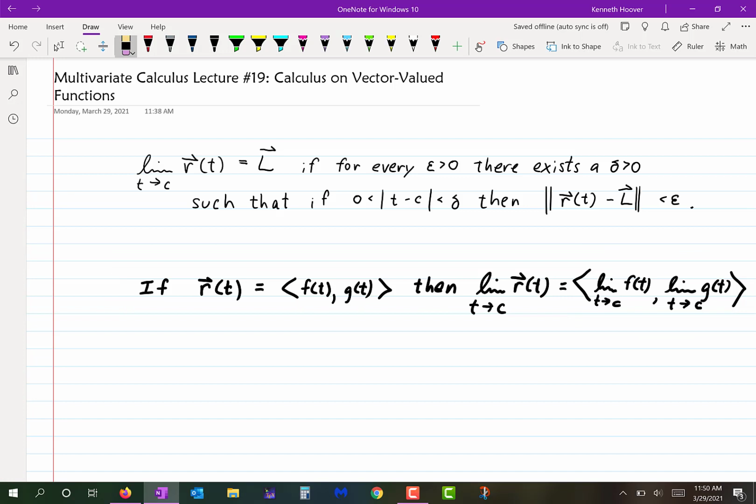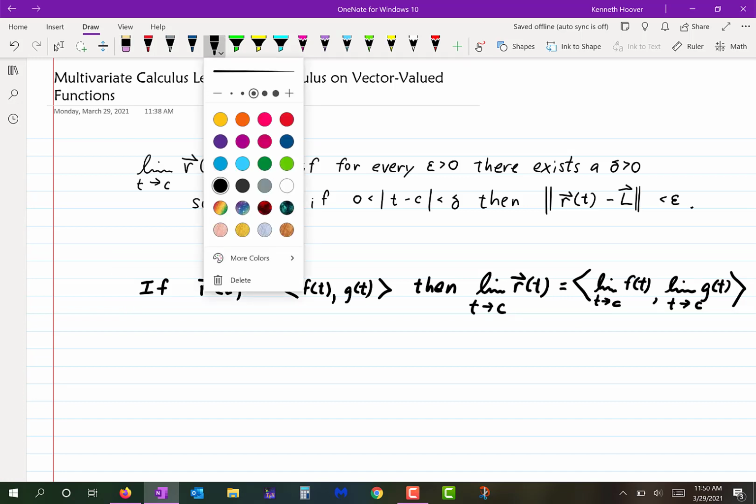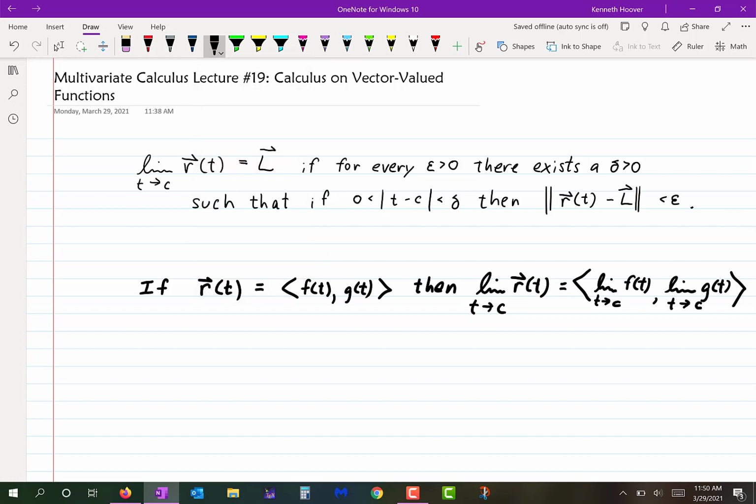Okay, same thing for derivatives. For derivatives, we could write r prime of t equals the limit as h goes to 0 of r of t plus h minus r of t over h.